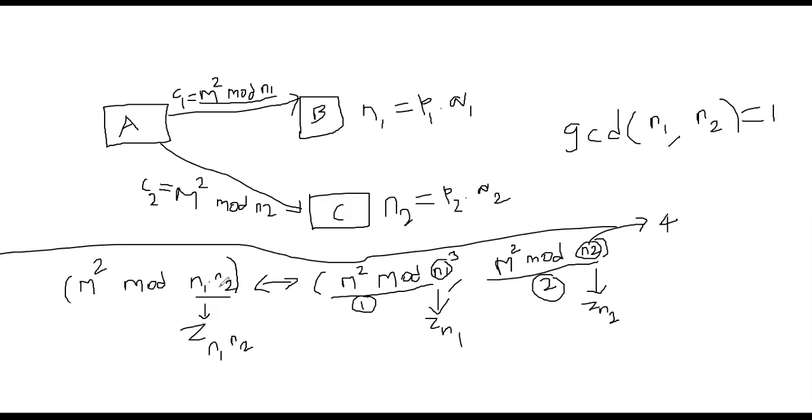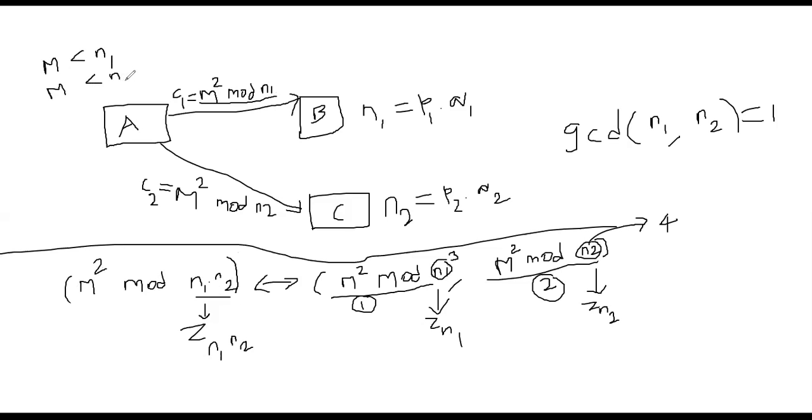So what can we do with that M square mod N1 N2? Our goal is to find M, right? Well, let's think about this. What is the mathematical relationship between M and N1? We do know that M has to be below N1, otherwise you cannot even apply encryption. And the same with N2: M has to be below N2.